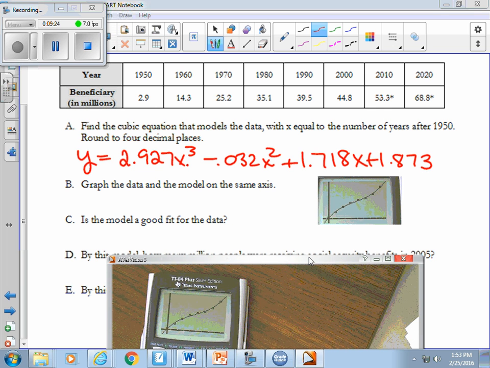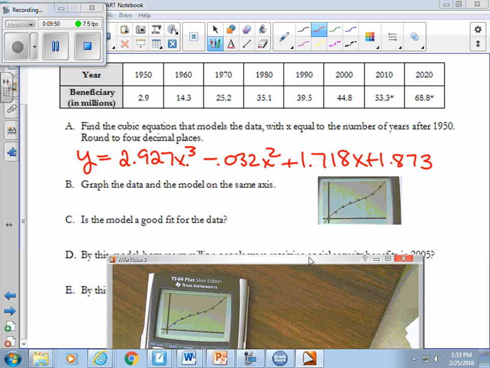Come show me. Does it look like a good fit? You didn't store the equation in what, or maybe you did. Like in the Y1? Yeah, you have nothing in Y1. Here's how you make that happen.